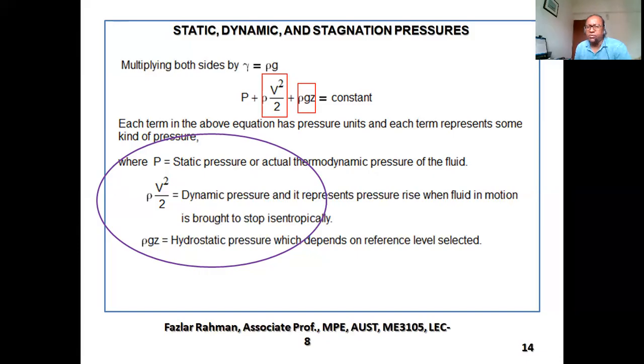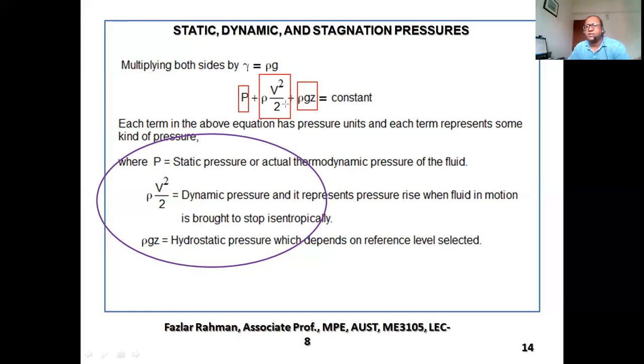How do you know whether an equation is wrong or right? There is one thing: the unit of all the terms has to be the same. This equation has three parts, like P, then rho v square by 2, then rho g z.